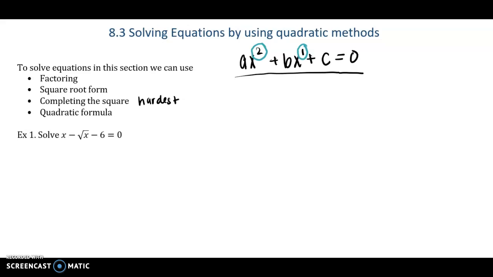We're going to try to do that same thing over here. So I'm going to rewrite this: x minus x to the 1/2 minus 6 equals 0. So notice square root of x is equal to x to the 1/2, and that is from using our chapter 7 rules.